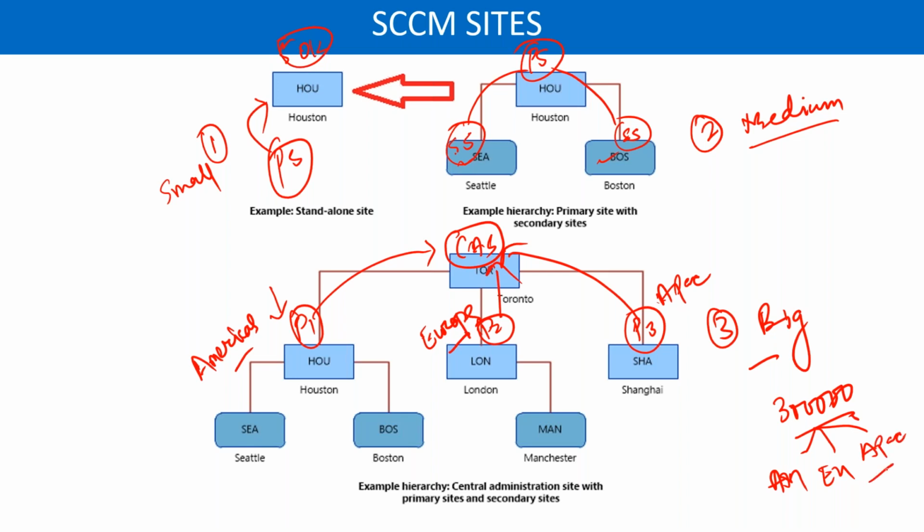That's how you deploy SCCM in multiple regions, so that devices in the Americas can be managed through the primary site in America, devices in Europe by the Europe primary site, and similarly for Asia Pacific. Any question in this architecture? Good. Okay.